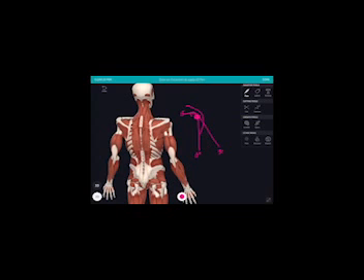Okay. So this first 30 degrees of shoulder abduction is completed by the supraspinatus muscle, which is one of the rotator cuff muscles.